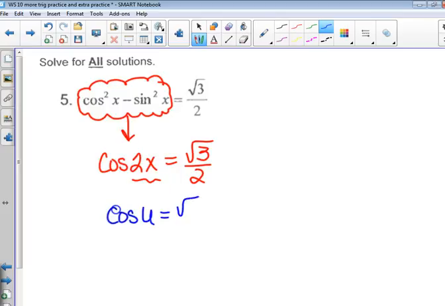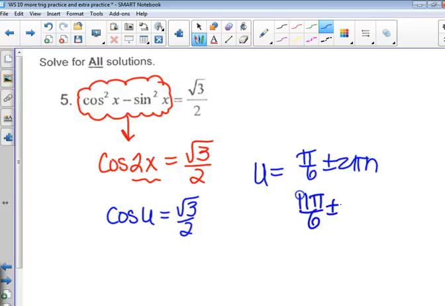Where is the cosine square root of 3 over 2? Now, if that's U, what did I substitute U for? 2x. No, it's not on the quiz. There's not a U substitution question on the quiz.